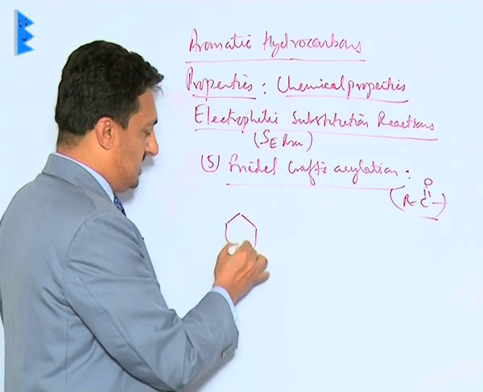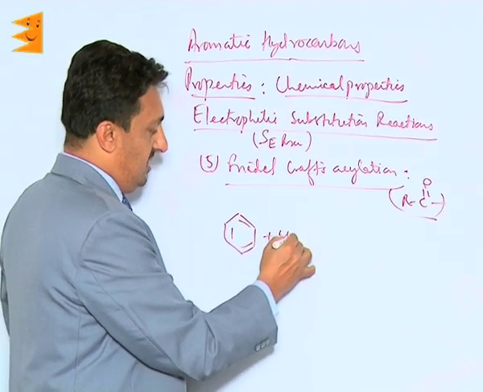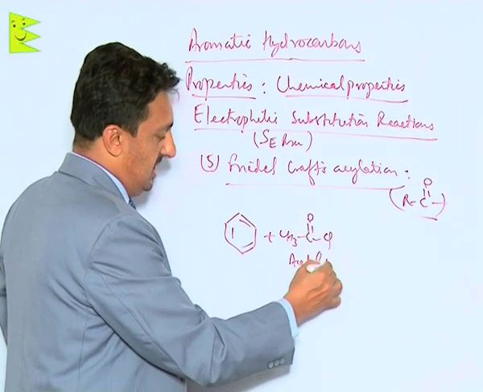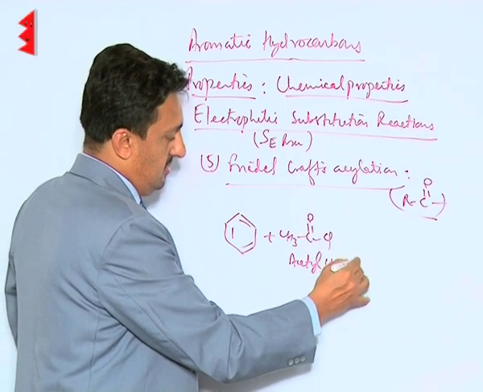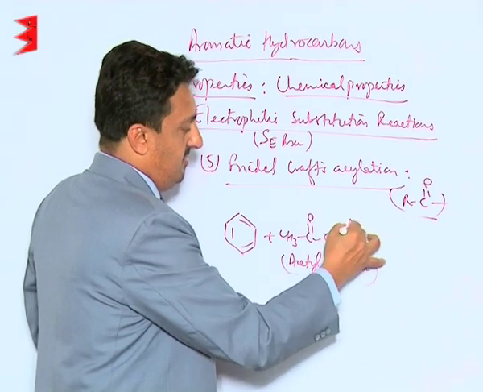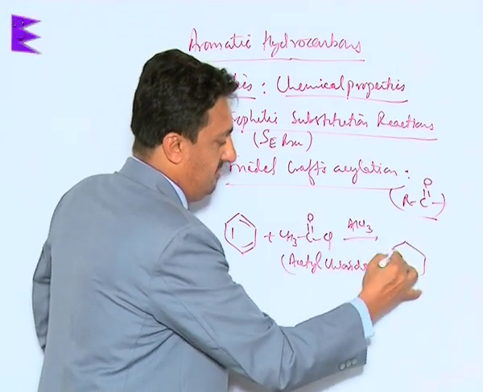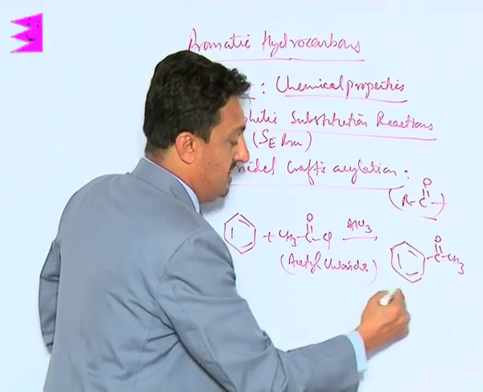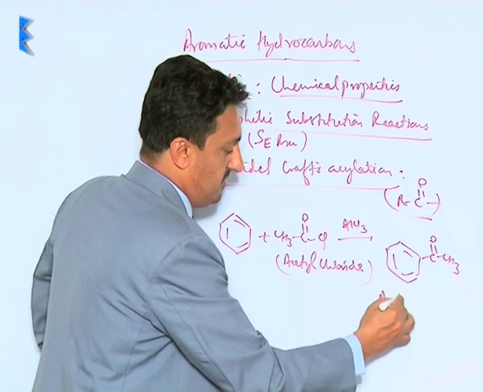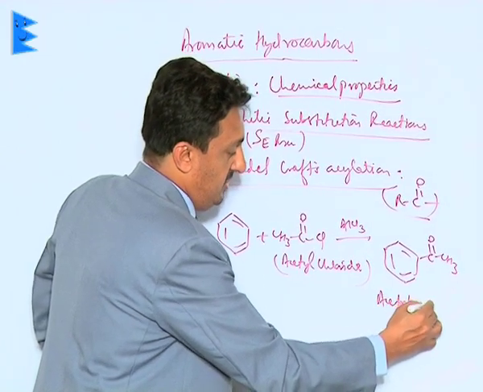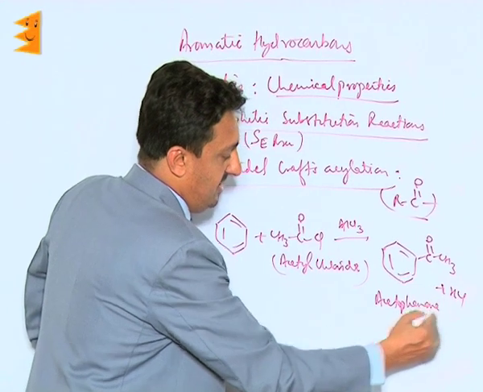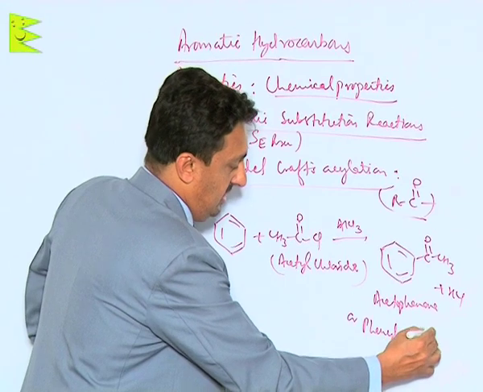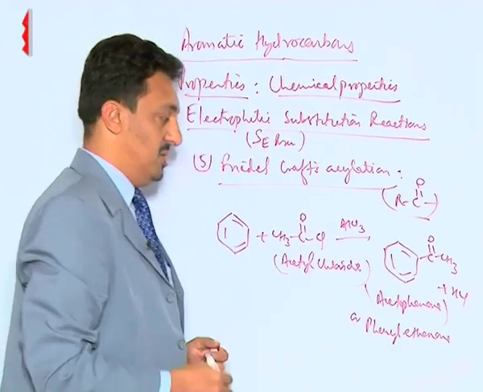It is done by reacting benzene with any acyl chloride, like we have taken acetyl chloride, in the presence of course of anhydrous aluminium chloride, and the product obtained is a ketone which is called acetophenone, of course plus HCl. It is also called phenylethanone, because acetophenone is its commercial name.